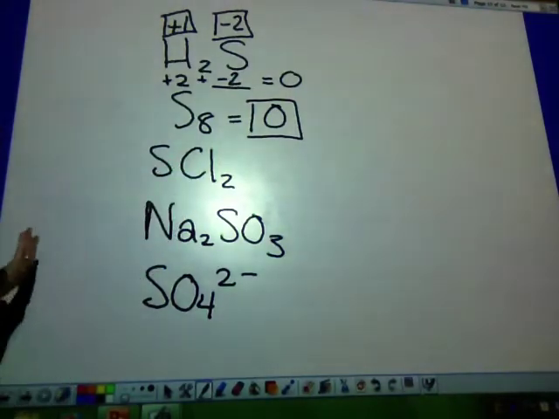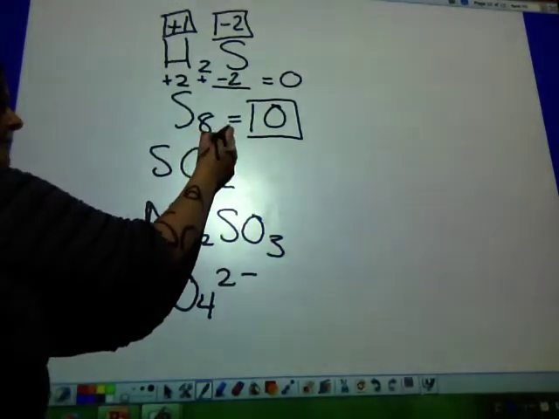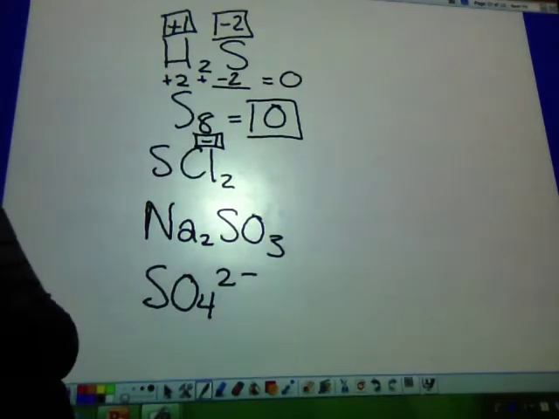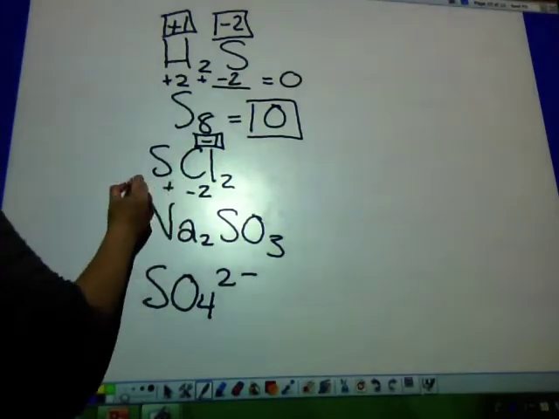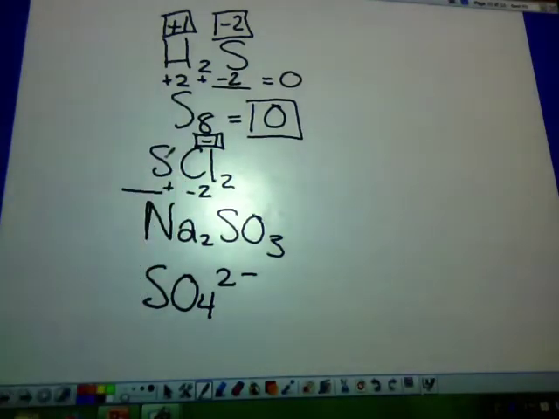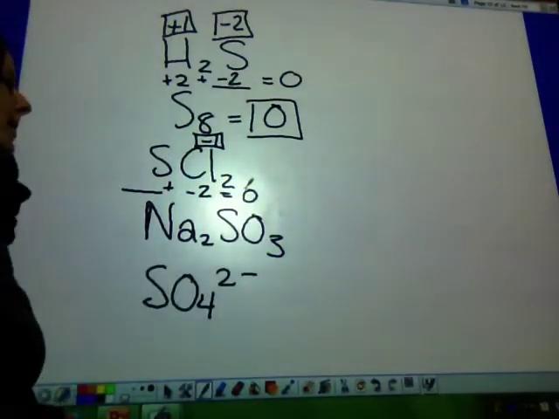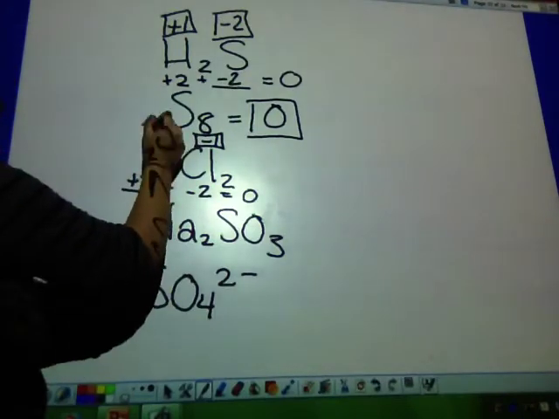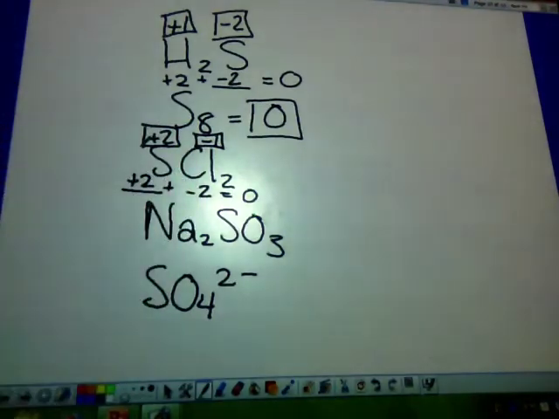It's just chlorine attached to a sulfur. So chlorine must have a -1 oxidation state. I have 2 of them, so overall that's -2. So sulfur's oxidation number plus this -2 has to equal 0, because it's a neutral compound. That means sulfur has to be +2. So sulfur is +2 and chlorine is -1.